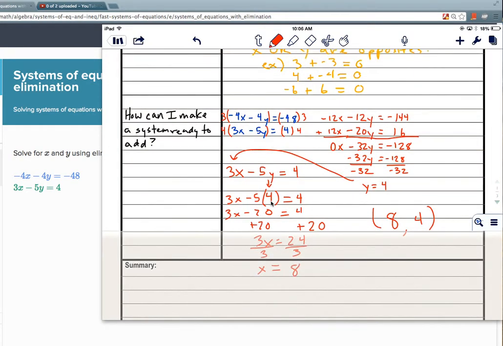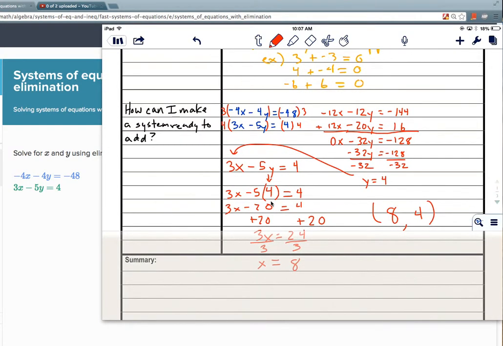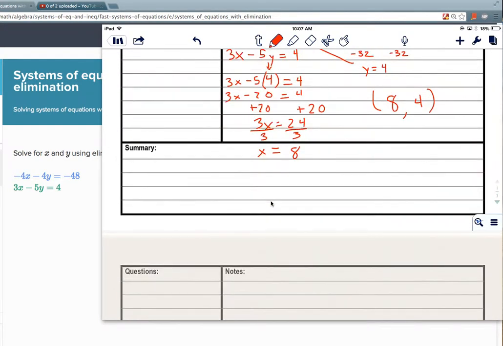And so how can I make a system ready to add? Let's summarize what you need to do. I'm going to kind of jump page here. Maybe we have enough room. I'll jump page.